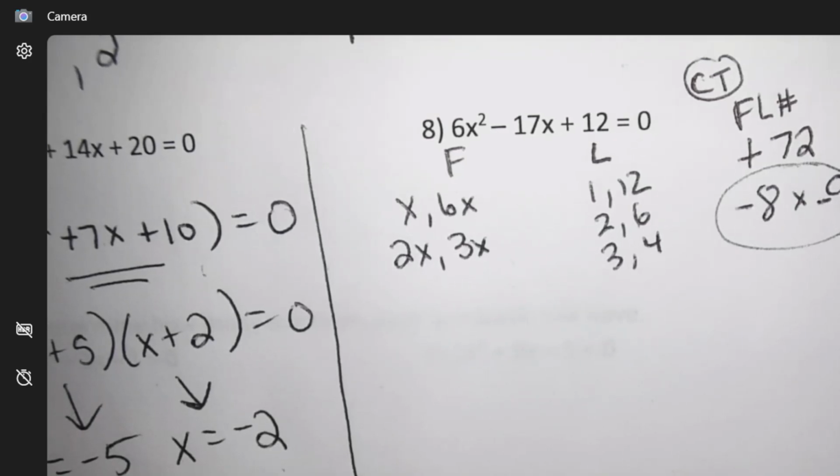Okay, so now it's your puzzle part. Can you figure out some kind of partnership that will make 8x and 9x? 8x and 9x.